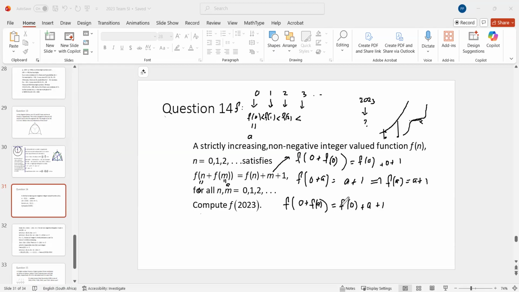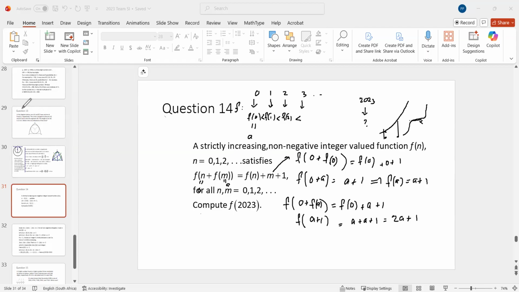This tells you f(a) is a plus 1, and f(0) is a, so you have a plus a plus 1, which gives you 2a plus 1. It turns out that you can't really do much with this one. I tried it out and I can't really do much, so I must make some other reasonable substitutions.